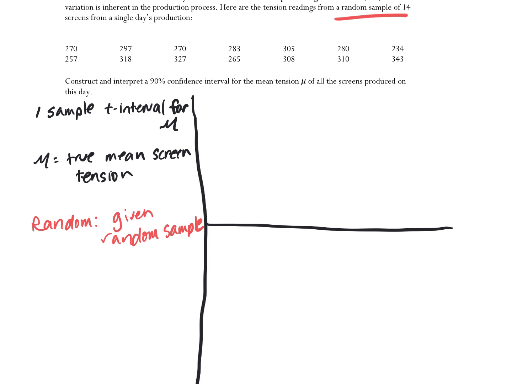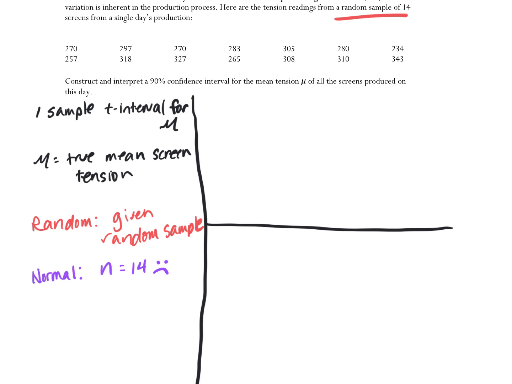All right, normal. Is the normal condition met? We don't know. We have some more work to do. Certainly the sample size version is not met. But the other one, the next thing we need to do is come up with a quick graph of the sample.